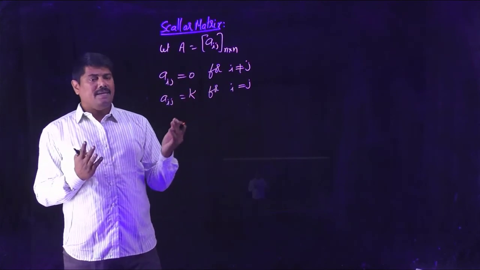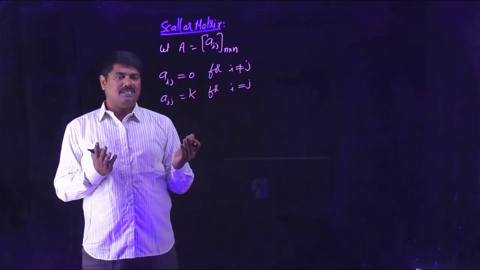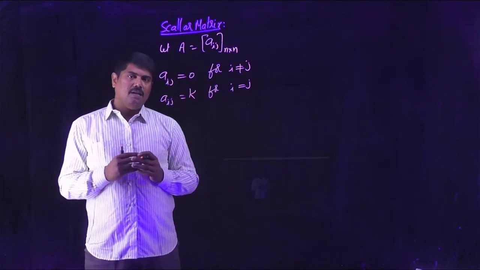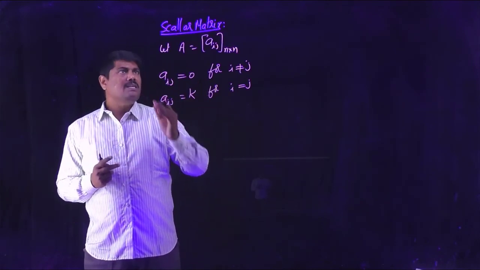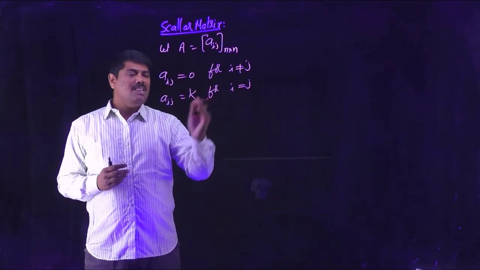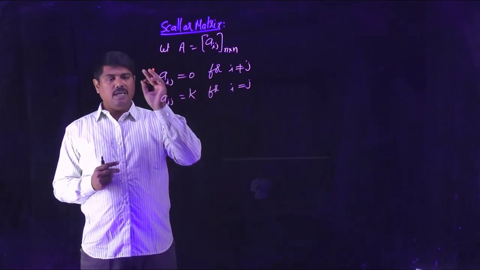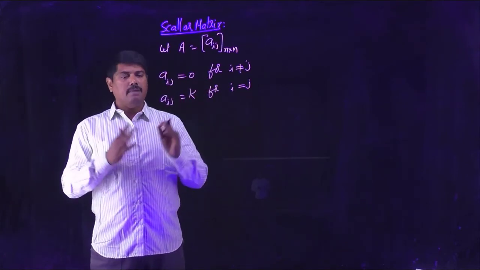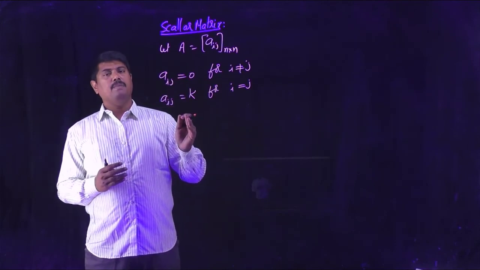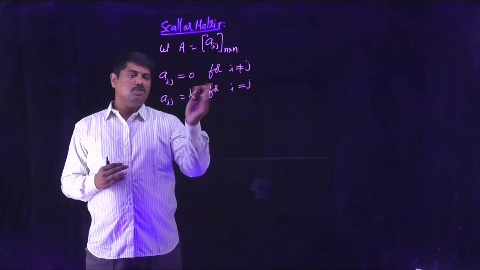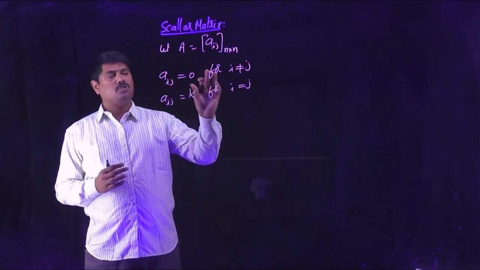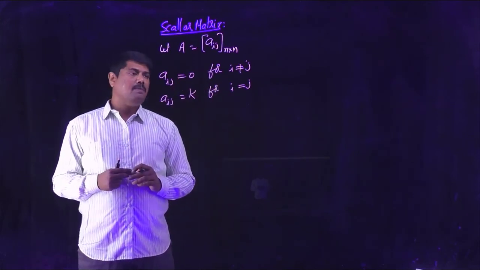In a diagonal matrix it is not necessary that all principal diagonal elements are equal. Here in a scalar matrix, all the principal diagonal elements have to be equal to a scalar, whatever that number may be, 1, 2, 3, minus 1, 0, whatever. All principal diagonal elements have to be equal to a scalar number k.